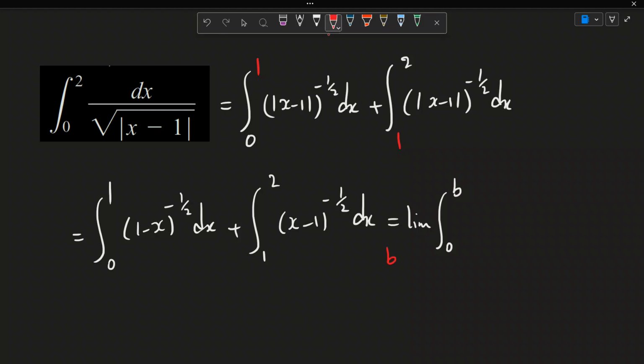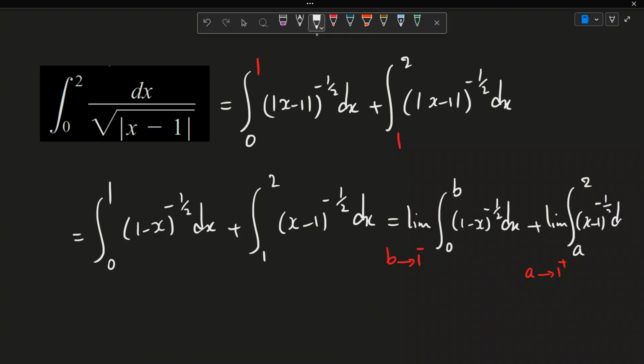Then b approaches 1 from left-hand side, 1 minus x to the minus half dx, plus limit from a to 2 when a approaches 1 from right-hand side, because this time it is between 1 and 2, so it will approach 1 from right-hand side. And this is x minus 1 to the minus half dx.